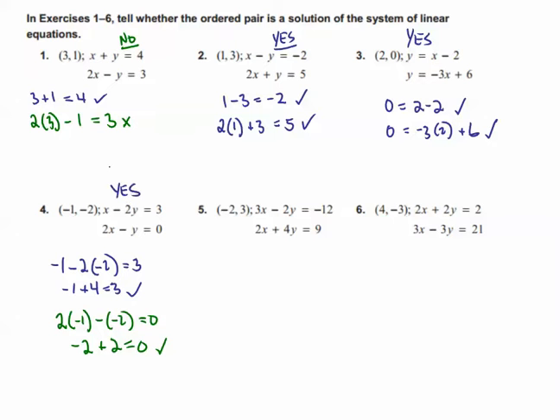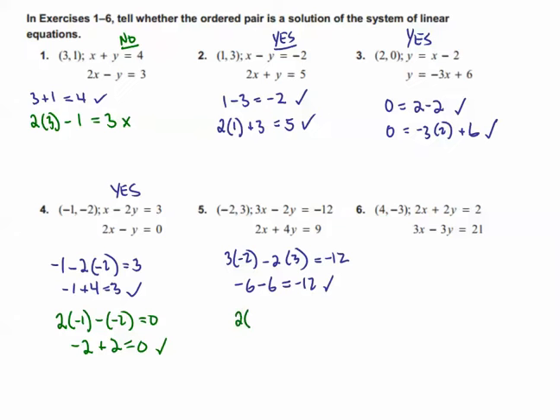I didn't write on this third one that that one works, and the fourth one works as well. For the fifth system of equations, 3 times negative 2 minus 2 times 3, does that equal negative 12? We get negative 6 minus 6, and that is indeed equal to negative 12.